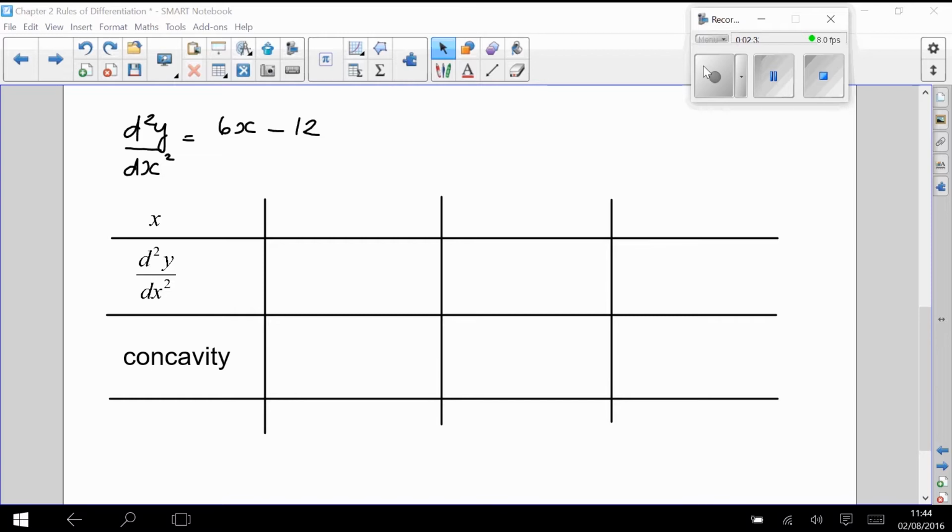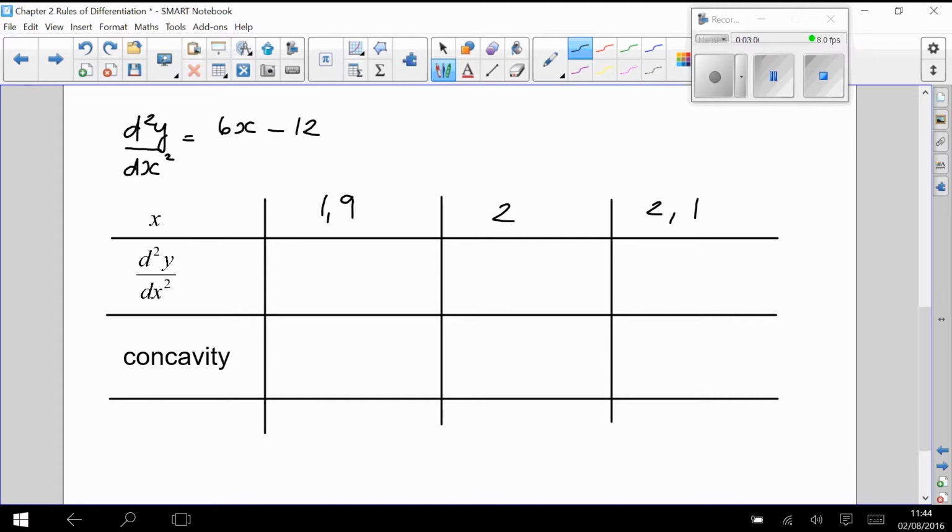As testing the concavity seems easier to me because the equation is quite simple, I'm going to go with test 2. The way that we do this is we take the point that we had found, and the point had an x-coordinate of 2. Find an x value very close to 2. I'm going to choose 1,9 on the left and 2,1 on the right. Now substitute this value of 1,9 into your second derivative.